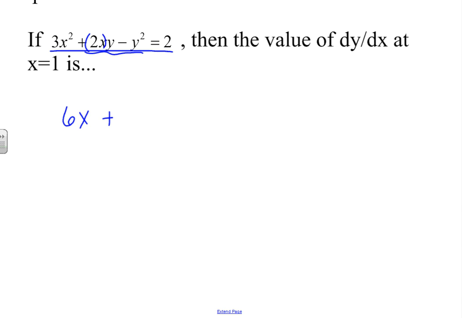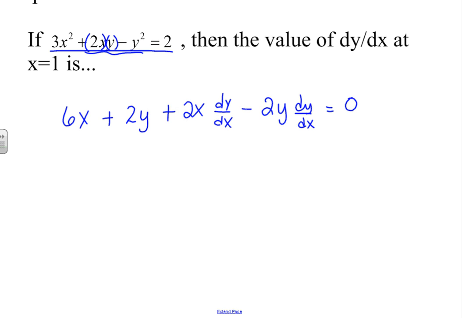I'm going to think of this 2x multiplying by the y. So the derivative of 2x is 2 multiplied by y, added with derivative of y is 1, and then dy/dx, multiplied by the first term, so with a 1 dy/dx. Minus derivative of y squared would be 2y dy/dx equals 0, because the derivative of a constant is 0.